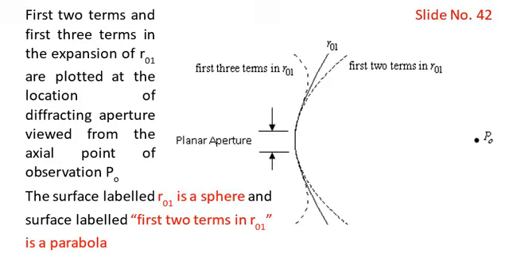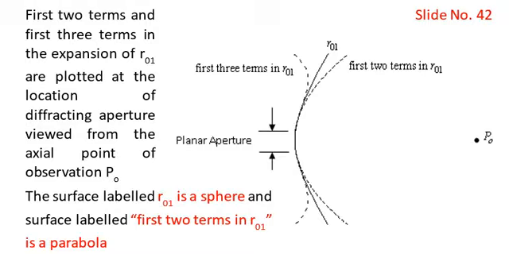So you know that this is the R01 in the center, the solid curve of the R01. And we have the dotted line outside of this one, which we are referring to as the first 3 terms in R01. And we have a dotted line facing towards the point of observation P1, that is going like a parabola.